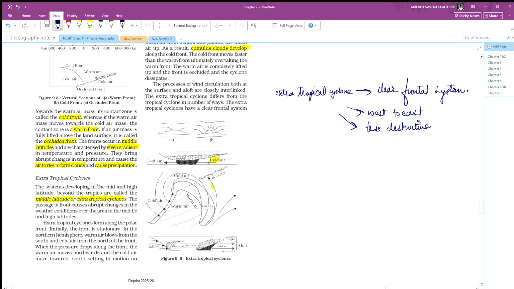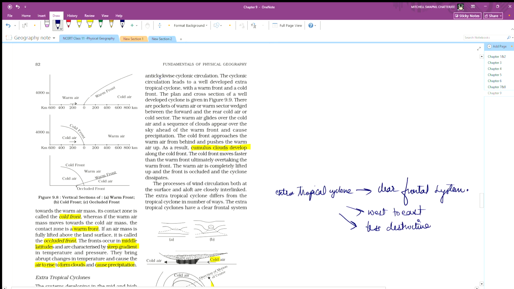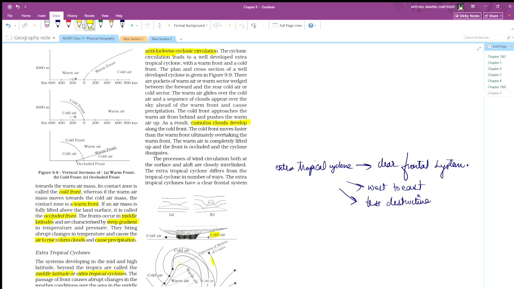Yes, somewhere I read this is anti-clockwise and moves around. Okay, the cyclonic circulation is anti-clockwise.